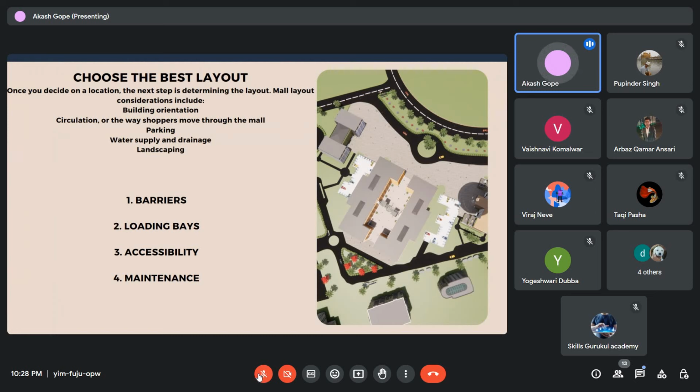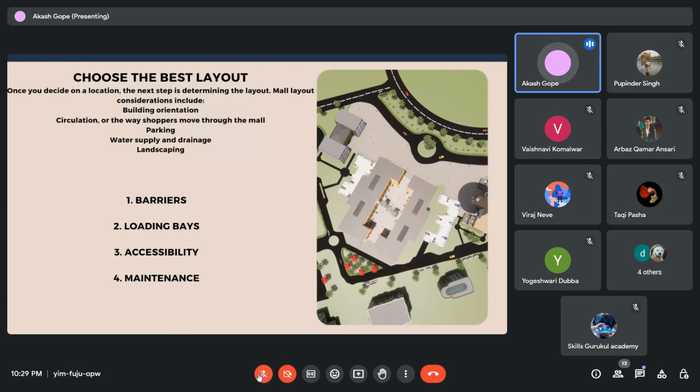The four main major things are, first, barriers. In a mall, from one place we can see every shop, so we can clearly see exactly what the customer needs. So we need no barriers.